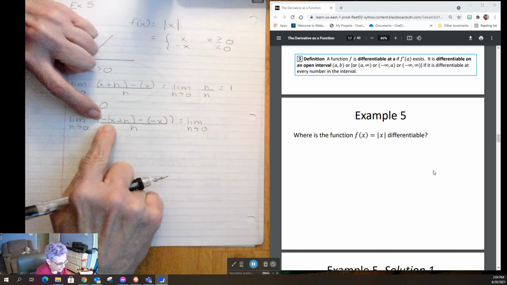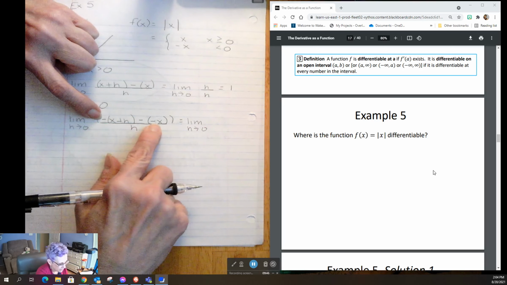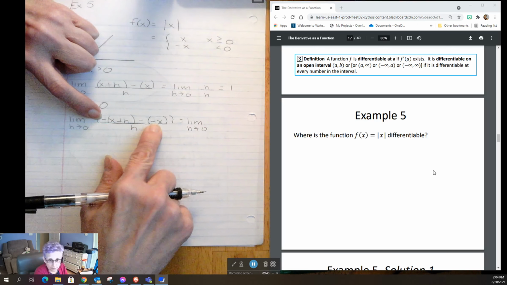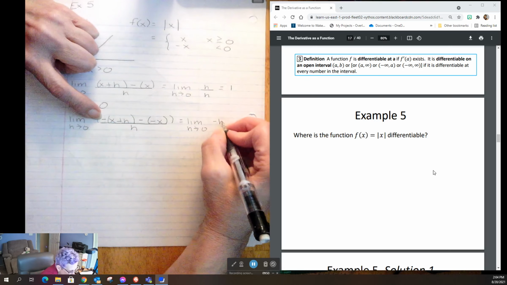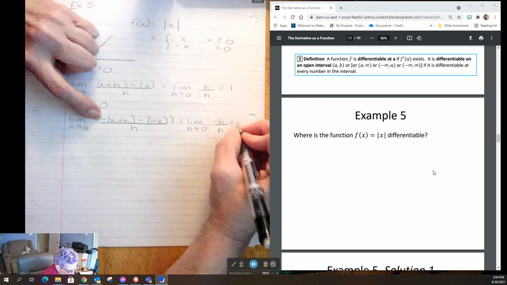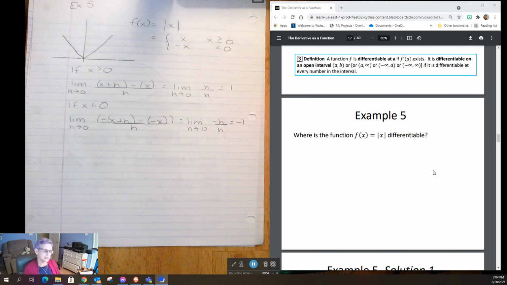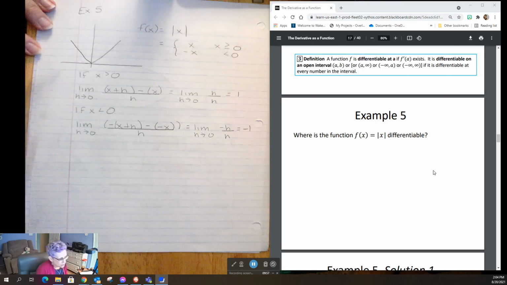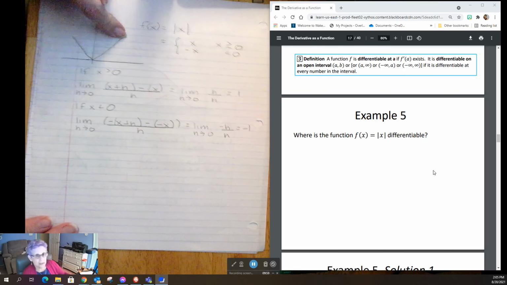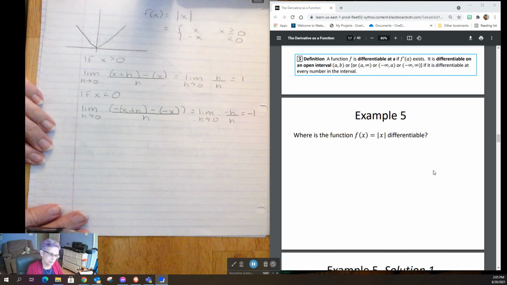So I have negative x minus negative x goes away. I'm left with negative h on top of h, which is negative 1. So we're differentiable everywhere bigger than 0 and everywhere less than 0.